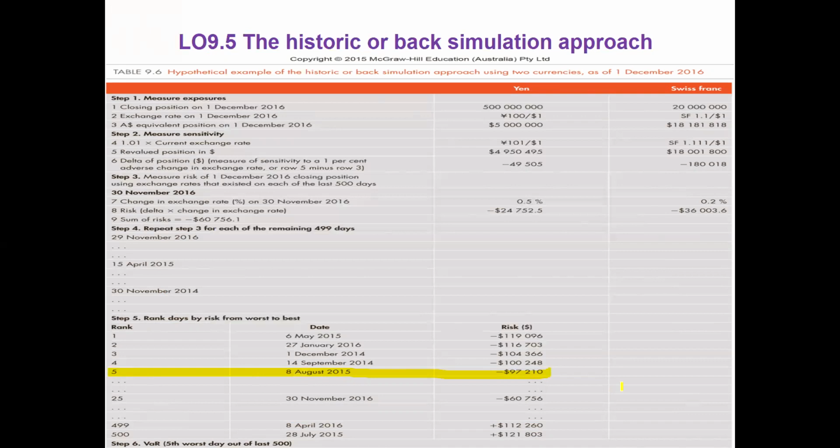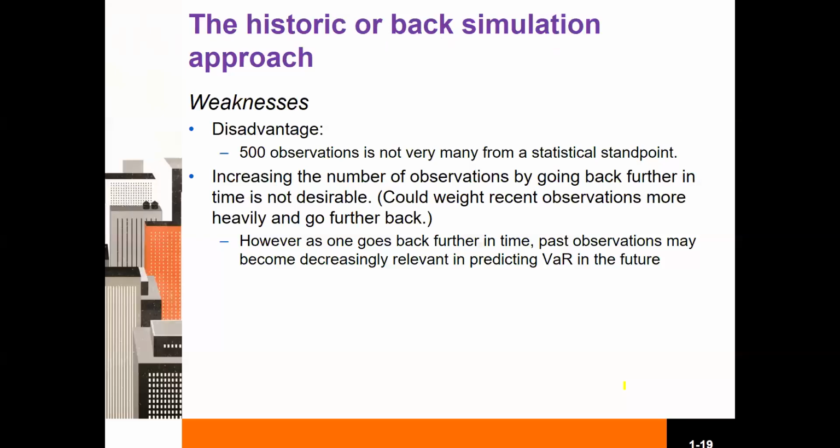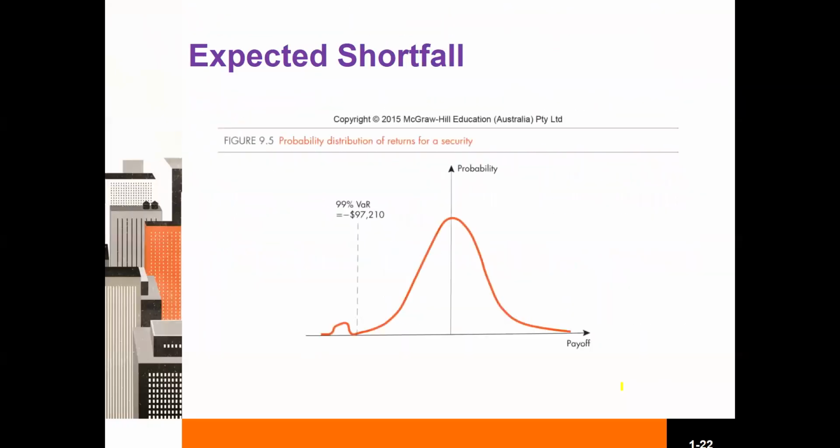However, you understand that many return distributions can be fat-tailed. Fat-tail means that there is a possibility that there can be worse cases below this 1%. So if the distribution is fat-tailed, for example, like this, you can see that the 99% VAR is negative 97,210.